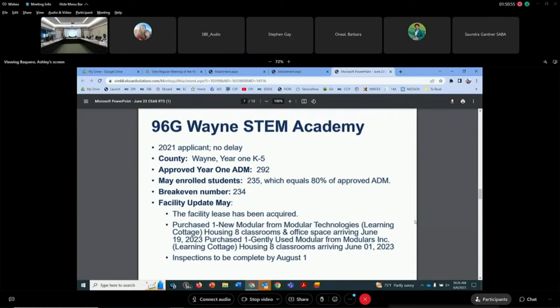With regards to facilities, as you see on the screen, we do have 2 modular facilities coming, 16 total classrooms. The first one should be on-site in the next 10 days. The final one should be on-site by July 1st. And we're anticipating all inspections by July 16th with a final ECO no later than July 31st. Although we said we're in weekly contact with our developers, we're actually in just about daily contact.